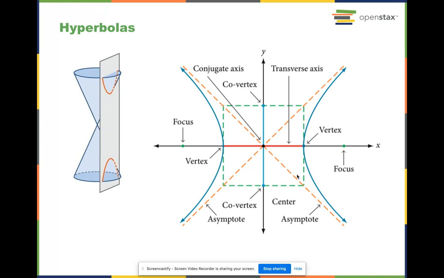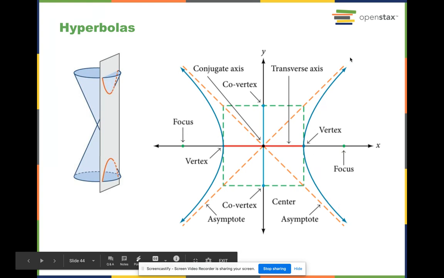Those tell us how we're going to draw our hyperbolas. Notice those are like asymptotes for these hyperbolas. They start at the vertex, and then they go up along these asymptotes.